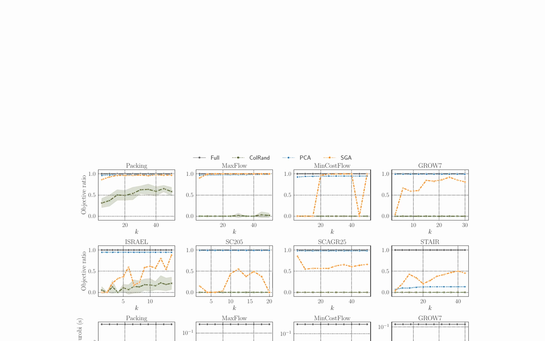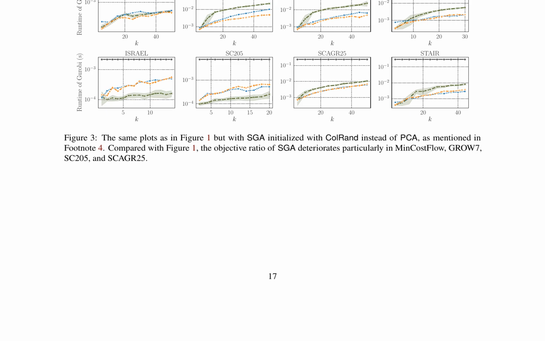The plots in Figure 3 show that initializing SGA with kernel rand leads to a deterioration in the objective ratio, particularly in min-cost flow, GROW7, SC205, and SCAGR25.